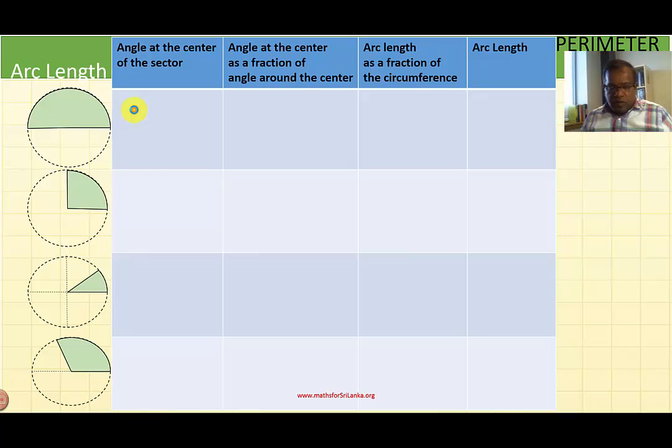Now let's complete this table, and at the end we'll be able to figure out the exact relationship between the arc length and the angle at the center.